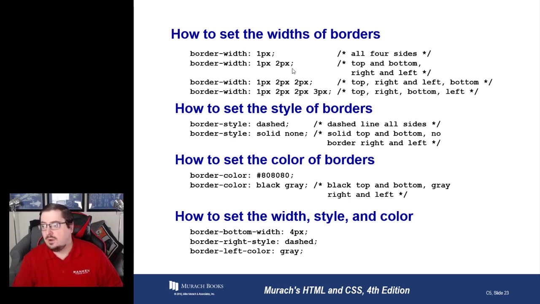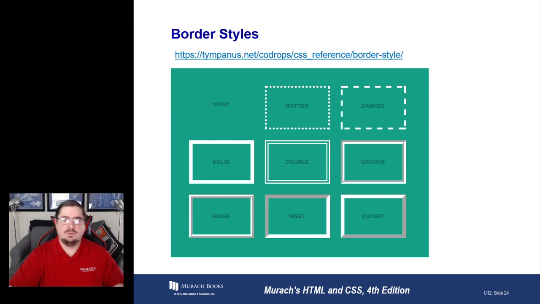So all of these follow that same rule that we've seen with 1, 2, 3, or 4 values. And if I want to specify these even more granularly, not using any of the shorthands, I might say border bottom width. So that's specifically only one side and only setting 1 property.